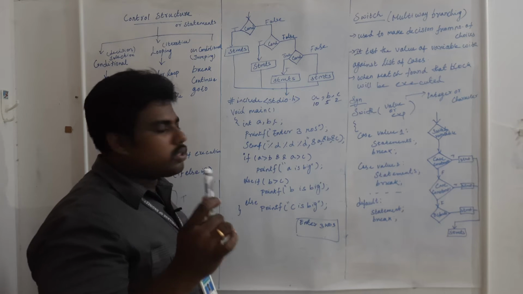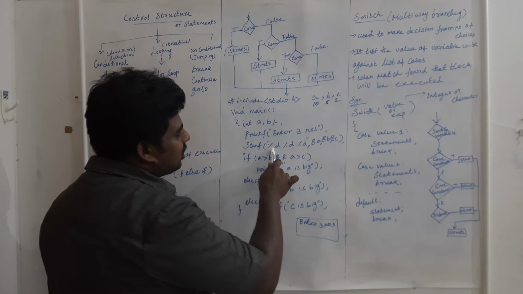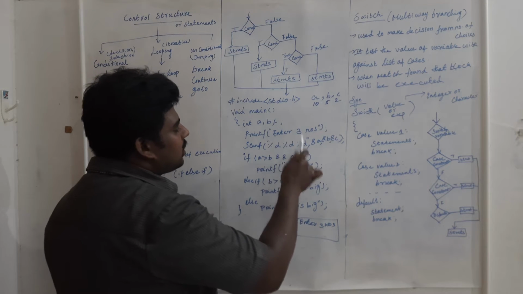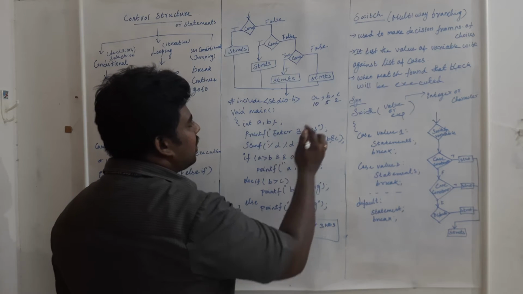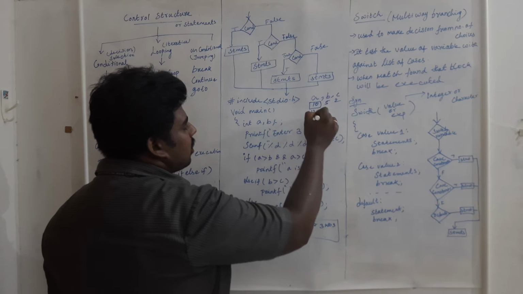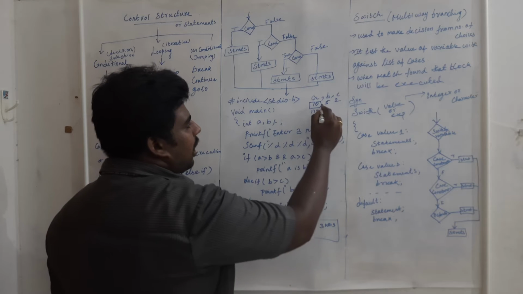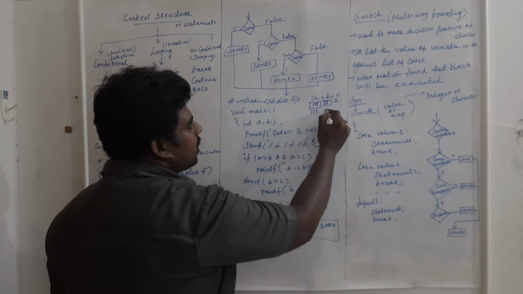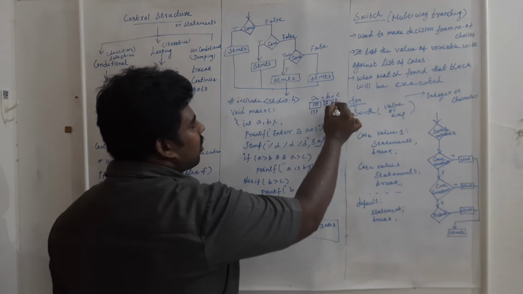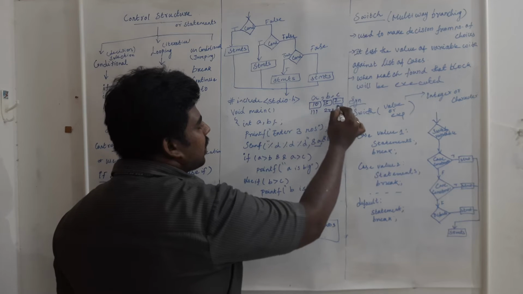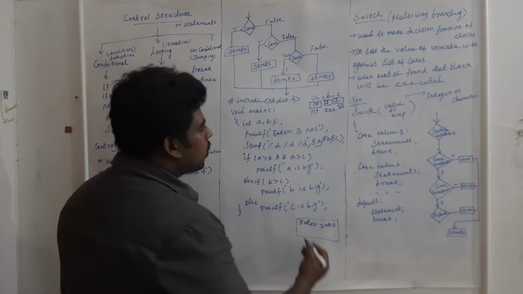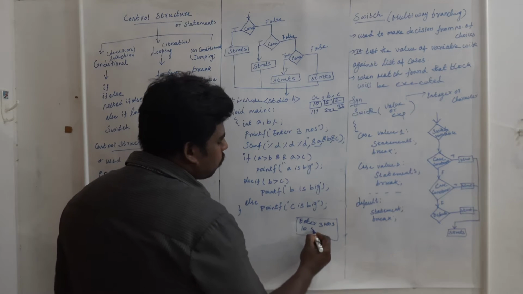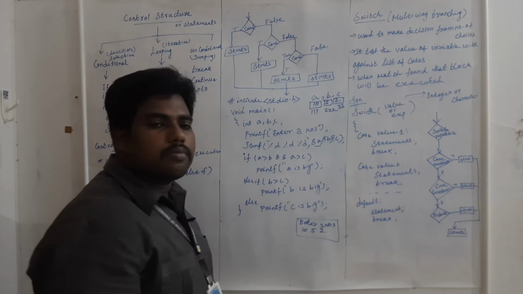For integer, the control string is %d. Then address of a, address of b, address of c. You give three numbers: 10, 5, 2.